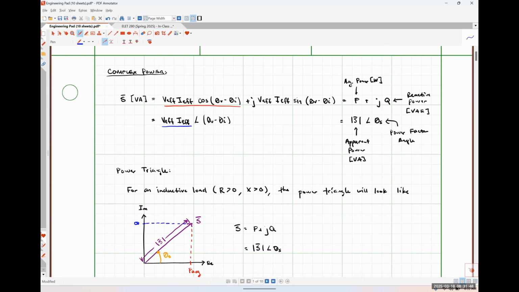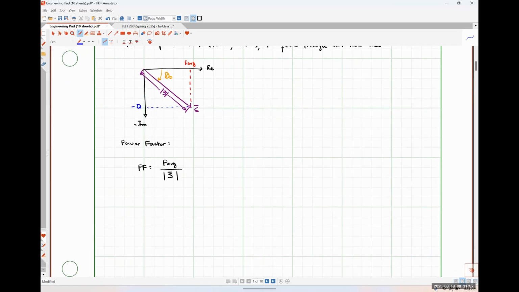Just that cosine term. So my power factor can also be expressed as the cosine of theta s, my power factor angle, which is literally why theta s is called the power factor angle. It's what's usually used to compute the power factor.